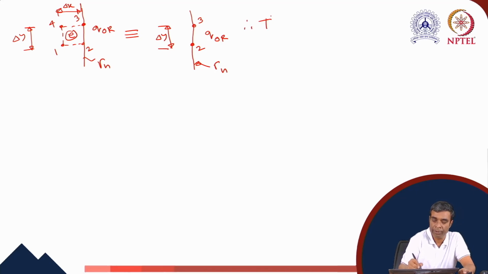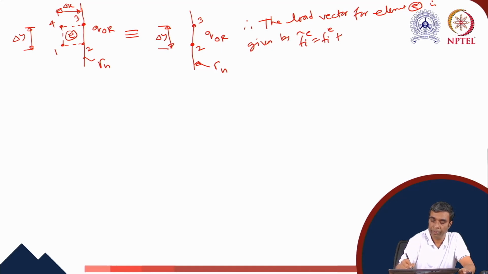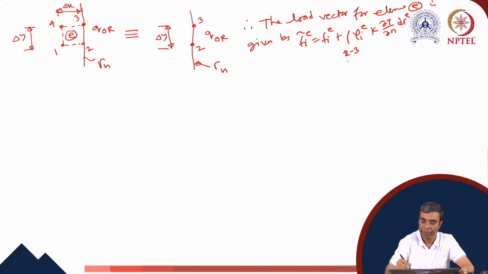Therefore, the load vector for element E is given by FIE tilde equals FIE plus integration along 2, 3 psi IE into K del T del N d gamma E. So this is the NBC contribution.